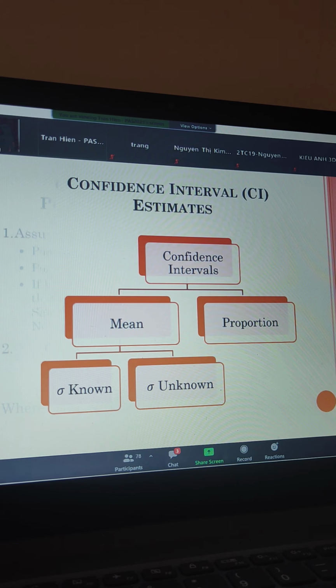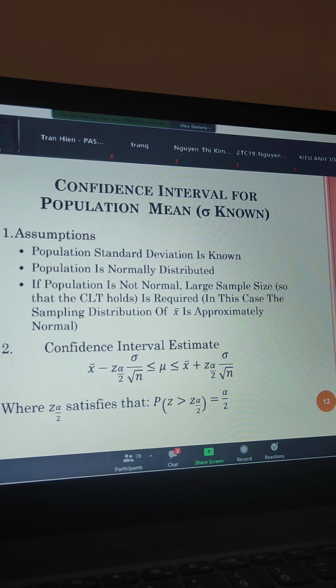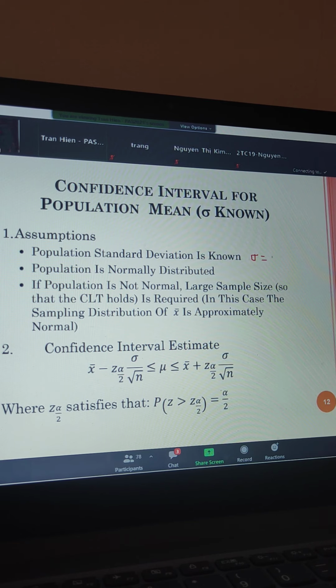This is the first case. For the first step, you have to check the assumption. The population standard deviation is known. I mean, you have to get the value for sigma, for example equal to 3.5. So you have to show that you know the information about the population standard deviation.